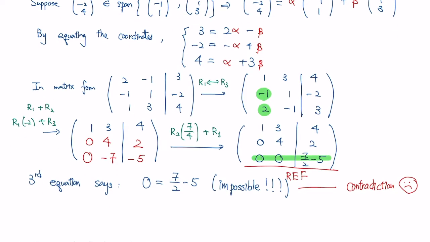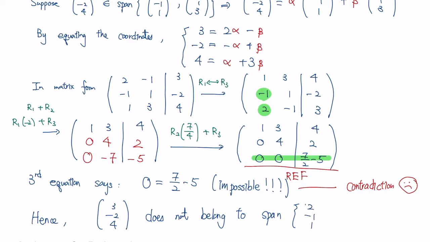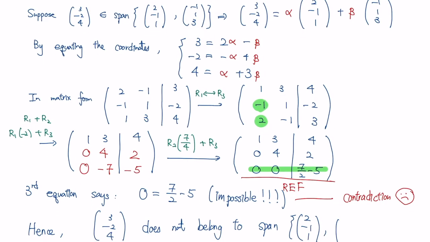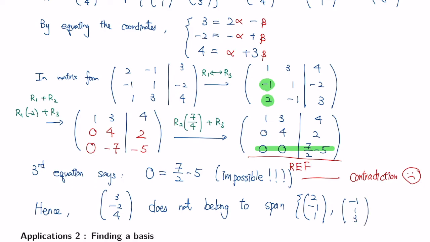So hence (3, -2, 4) does not belong to the span of (2, -1, 1) and (-1, 1, 3).